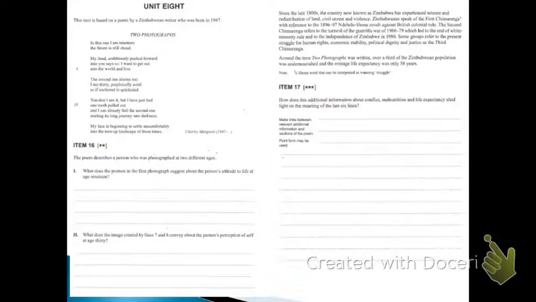So, if you notice, over here, 2-star question, 3-star question. Not that terribly difficult, but it is an expectation that you get these right, especially these questions here.